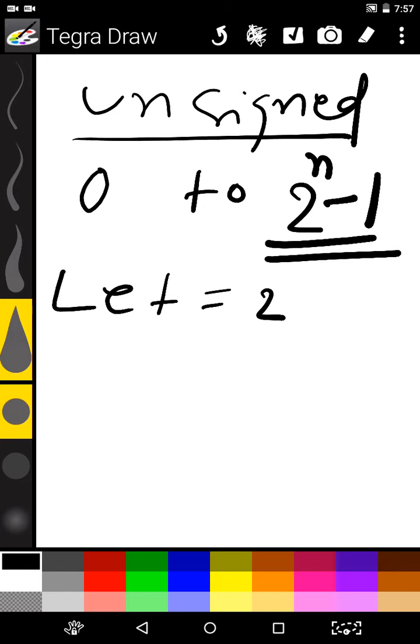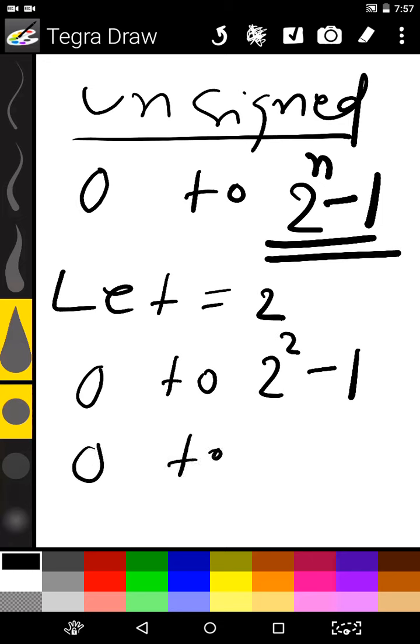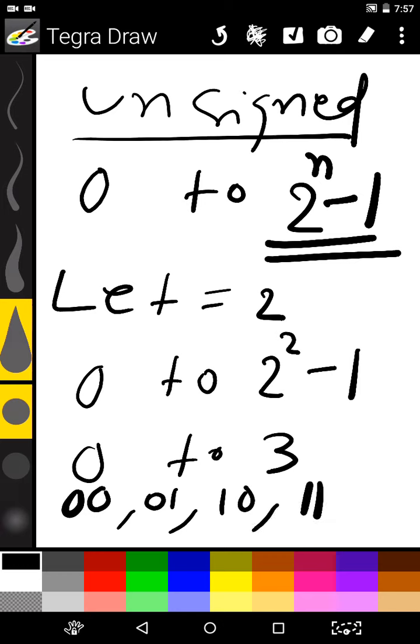For 2-bit representation, we can represent numbers from 0 to 2 to the power 2 minus 1, that is 0 to 3. These are 00, 01, 10 and 11. These are the 4 values, 0 to 3, for unsigned magnitude representation when 2 bits are used to represent a number, the maximum being 3.